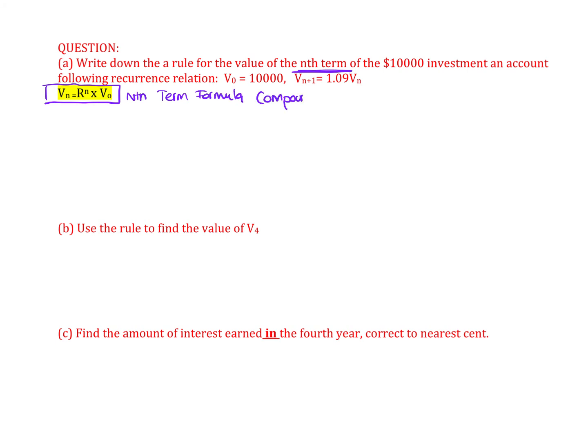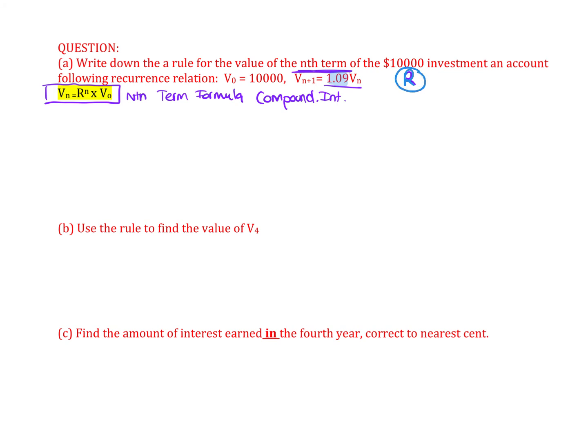We can see it's compound interest because it is the recurrence relation. It's got a timesing one. So when you're timesing, that's compound. If you remember this part, the number that we have there, that was our capital R value.